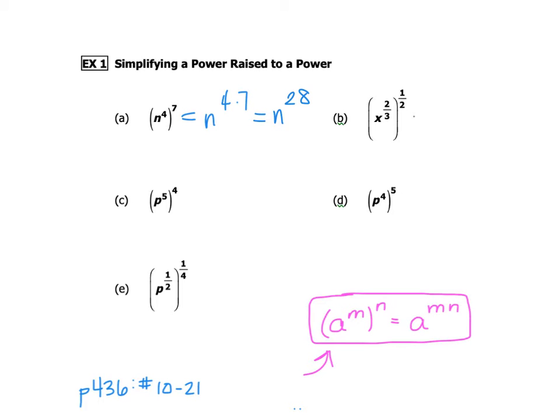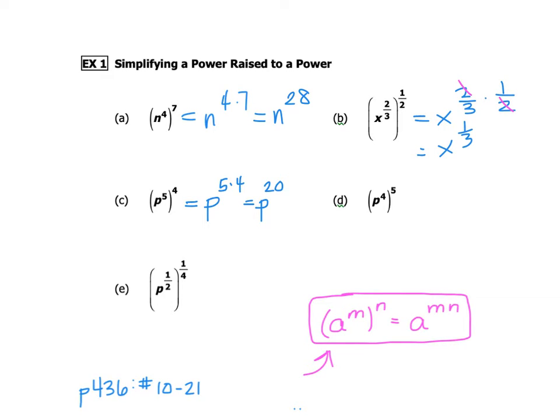So this is going to be x to the 2/3 times 1/2. And you can go ahead and cancel while you multiply your fractions, and that's going to give us x to the 1/3 power. In example C, we're going to make this p to the 5 times 4 power, which gives us p to the 20th power.